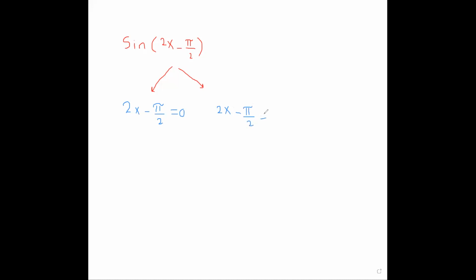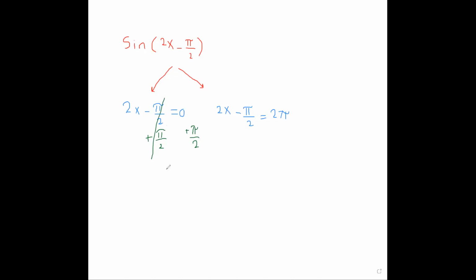Okay. So one by one, we're solving these two equations to find the lower limit and upper limit for x. For this one, I'm going to add pi over 2 to both sides and then divide everything by 2. As you can see, negative pi over 2 and pi over 2 cancel out each other.